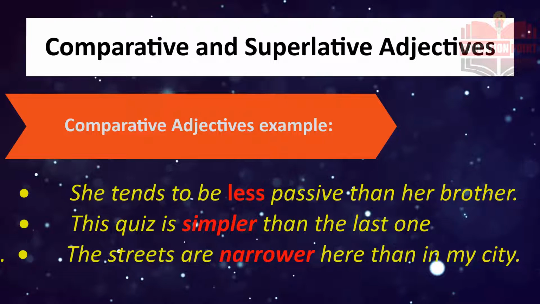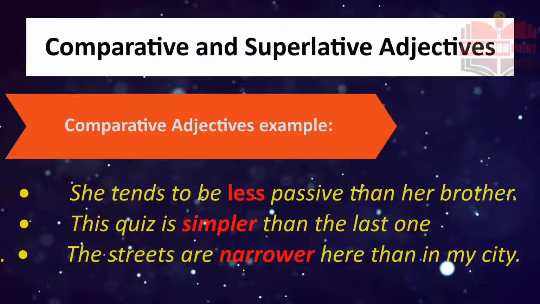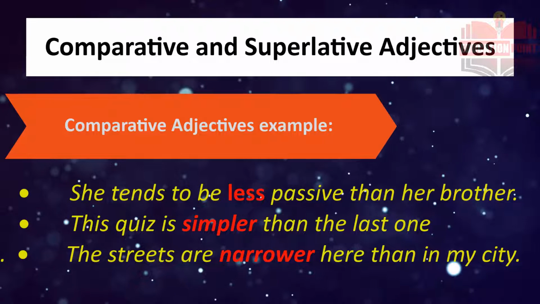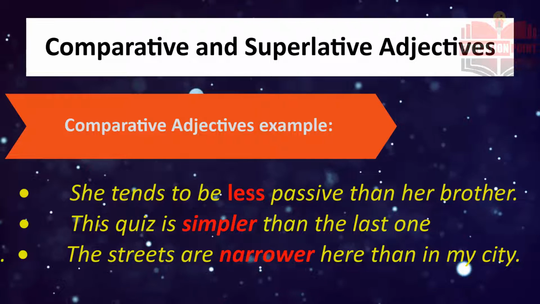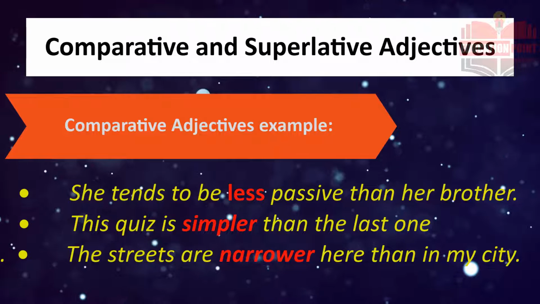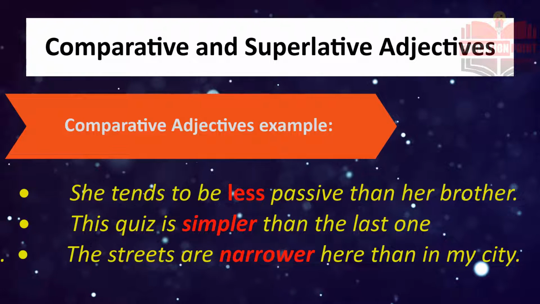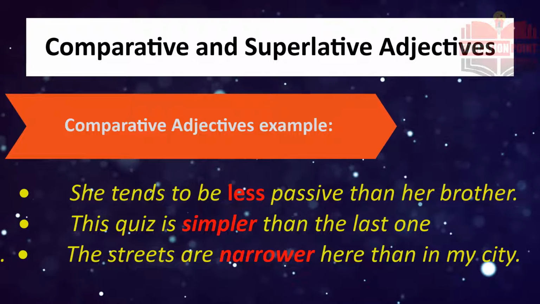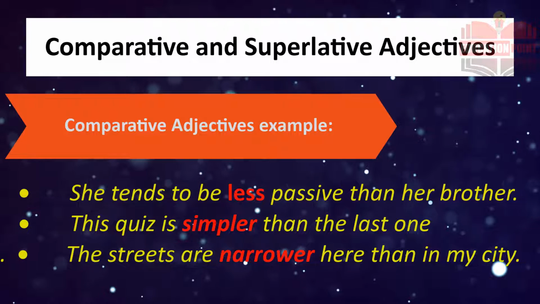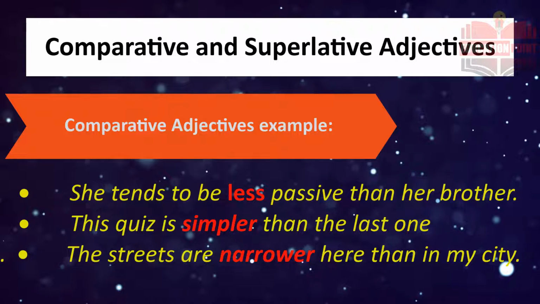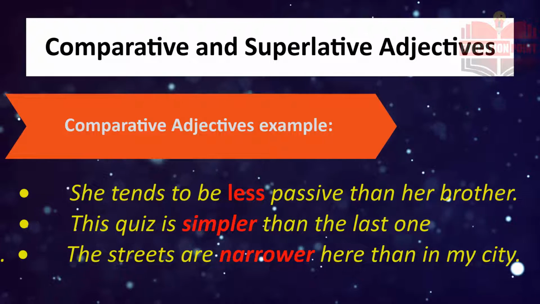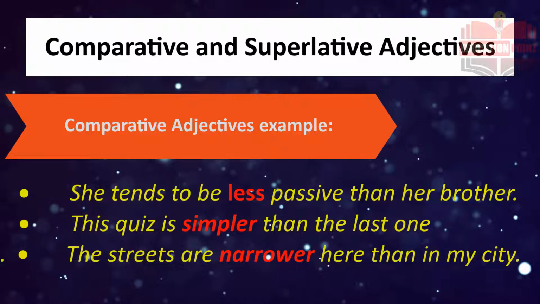So you see, when we saw the adjective passive, we had to add the word less there because we can't add an ER after passive and make it passivier, because that does not form any word. But when we have words like simple, we can add an ER and make it simpler. Similarly for narrow, which becomes narrower.